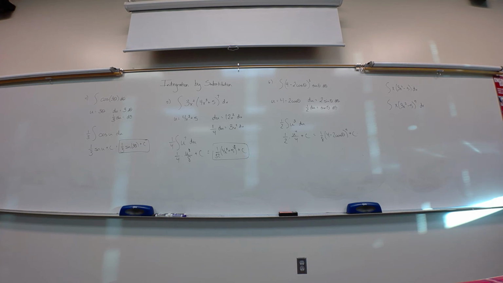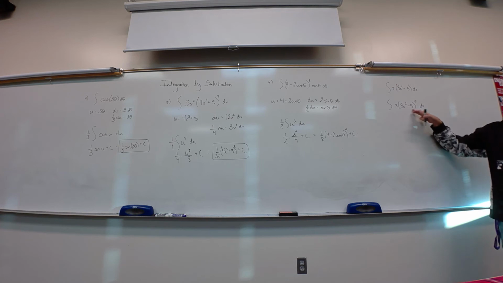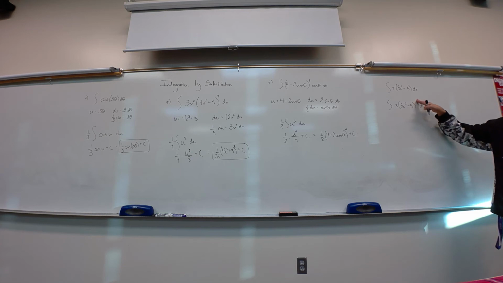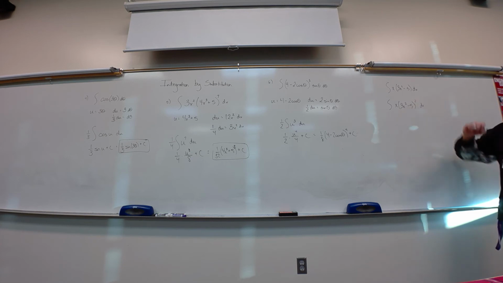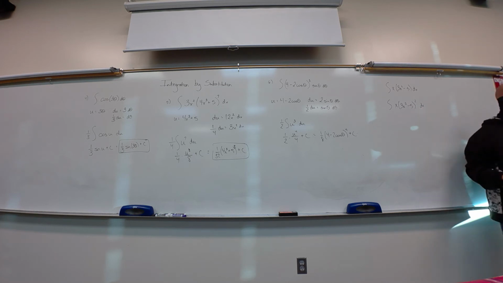The game changes when we get to this point because I can't distribute the x unless I multiply this out. Now I want to go for that substitution because I don't want to do that fifth power. That's going to be more work. Now, if this was a square, maybe. I personally would probably still do substitution, but you could square that out pretty quick too.